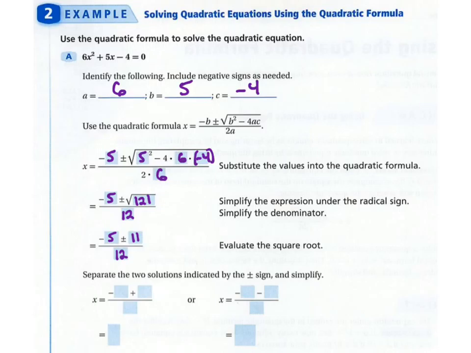Evaluate the square root, we'll have negative 5 plus or minus 11 over 12. Separate into the two solutions and simplify. So x equals negative 5 plus 11 over 12, or x equals negative 5 minus 11 over 12. x equals 1/2, and x equals negative 4/3.